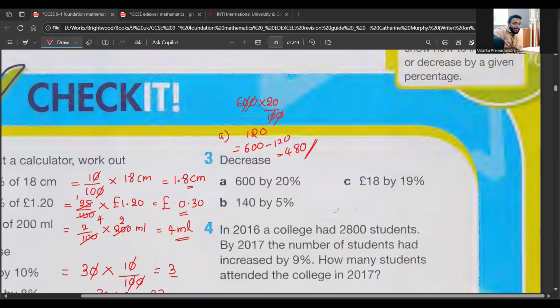Okay, second one, there are 18 euro by 90%. So 18 euro by 90%. So what is the answer here? Can you simplify?